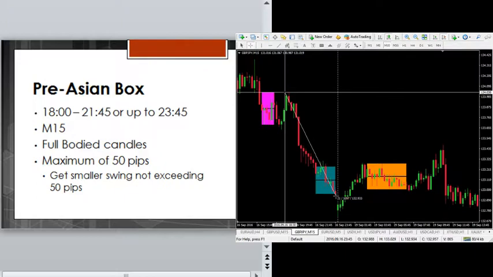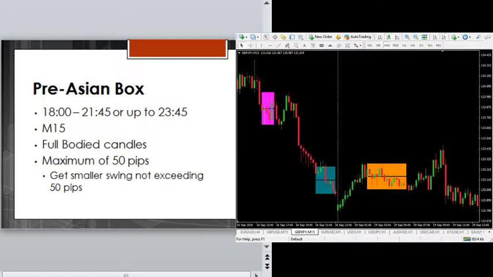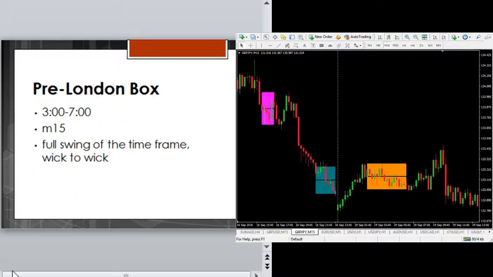So this is not a valid pre-Asian box. What we could do is just get this small box here, and that is your valid pre-Asian box, for as long as it is a small swing composed of at least 20 pips and not more than 50 pips.